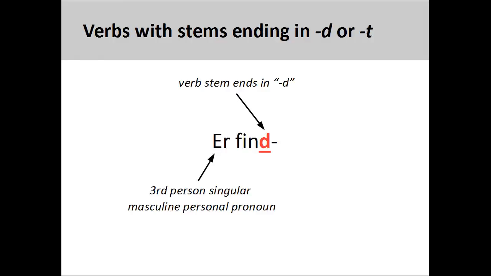To conjugate verbs ending in d or t, we follow the same process as described earlier, but with one extra step. Remove the infinitive ending for the verb finden, to find. Notice that the verb stem ends in d, and determine both the number and person of the subject. Here the subject is a third-person singular masculine personal pronoun he.